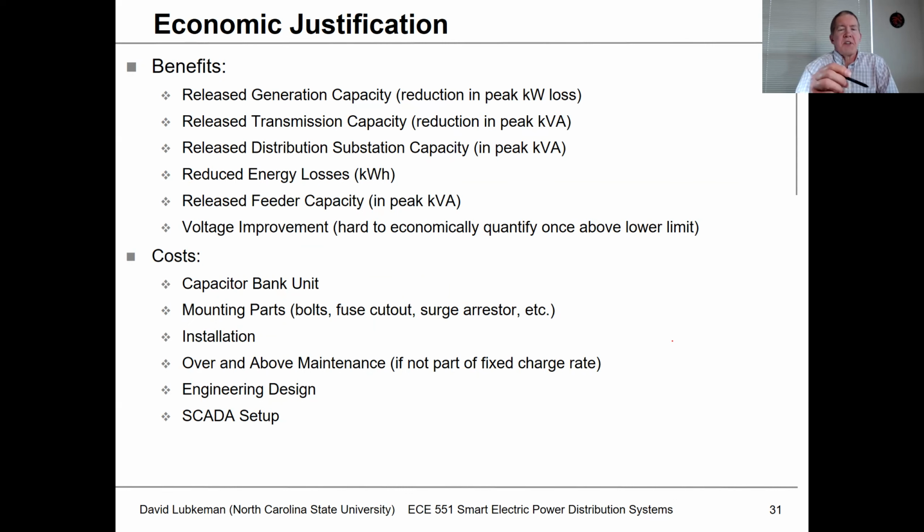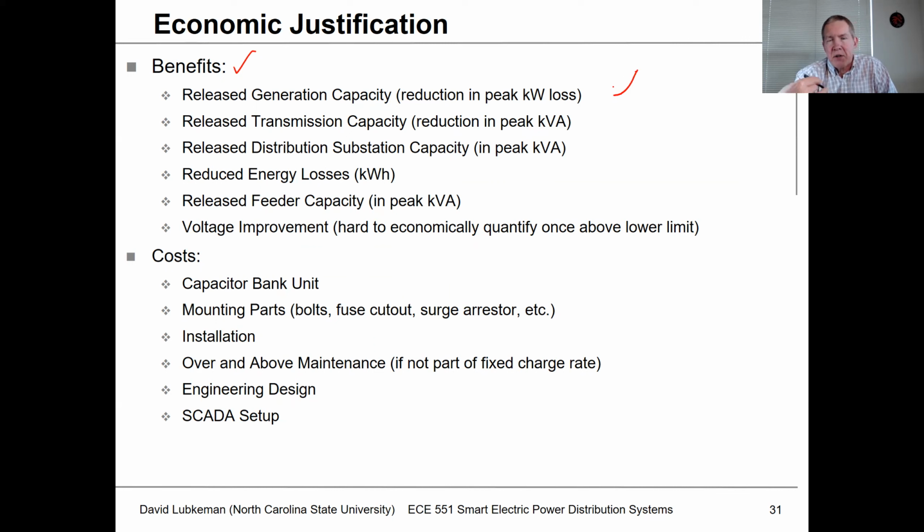First of all, it depends on the benefits that you get from the additional use of capacitors. And I mentioned before all the different benefits that are accrued from capacitor placement. We talked about the fact that if we reduce peak kW losses, that reduces the stress on our generation, so you're going to have what we refer to as released generation capacity.